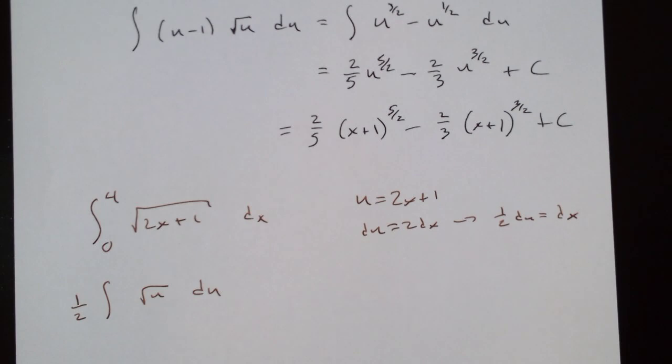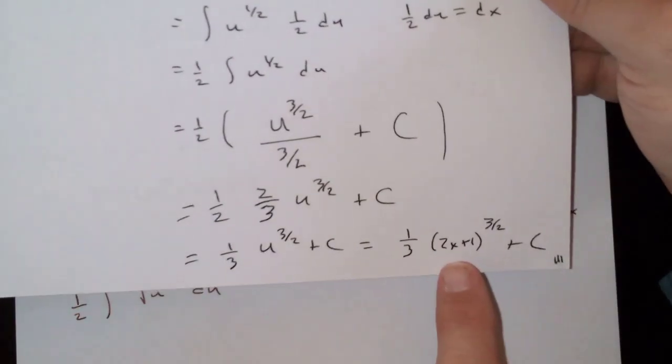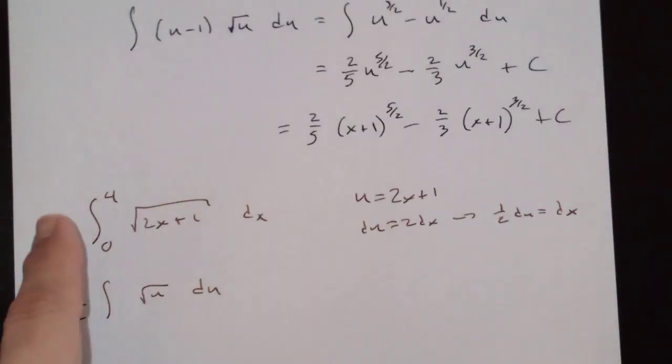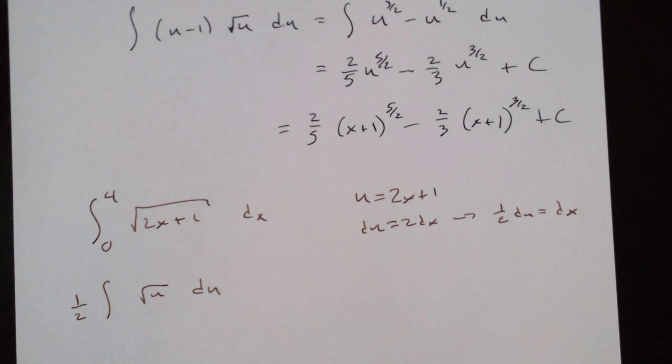I could do this problem, write out my answer in x, and then plug in the 0 and the 4, right? I could do exactly all the work we already did. But if I'm going to do that, I need to keep track of the fact that this is a different letter for 0 and 4.